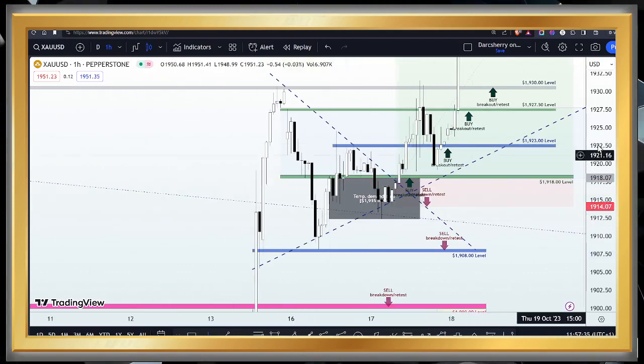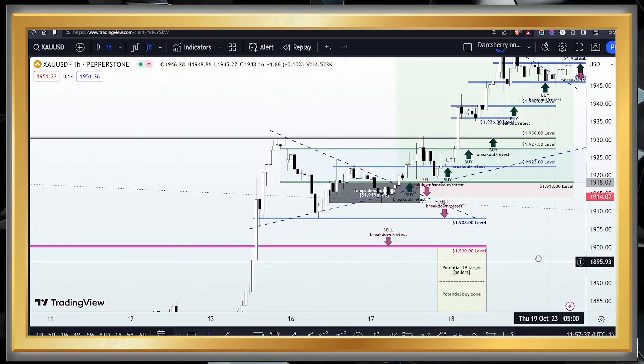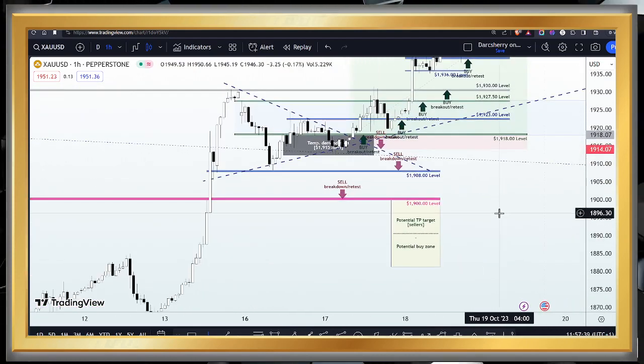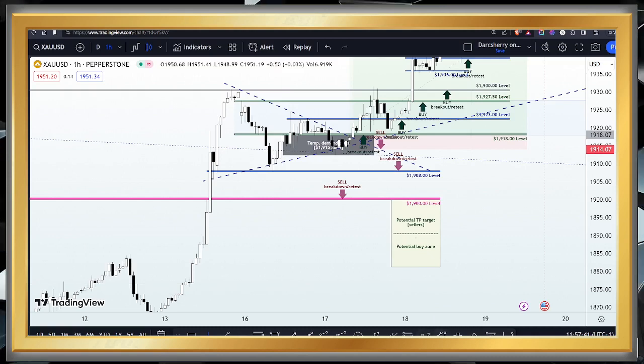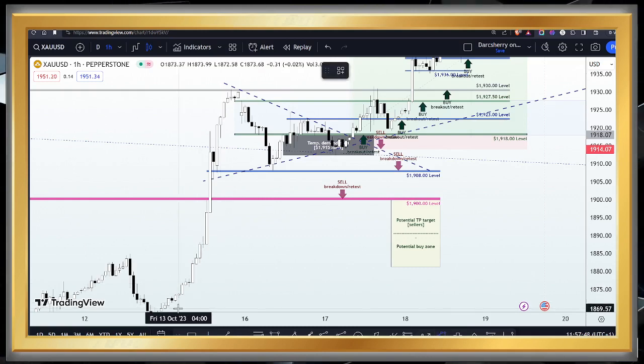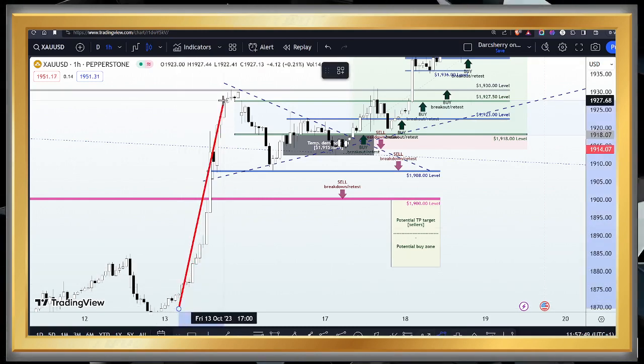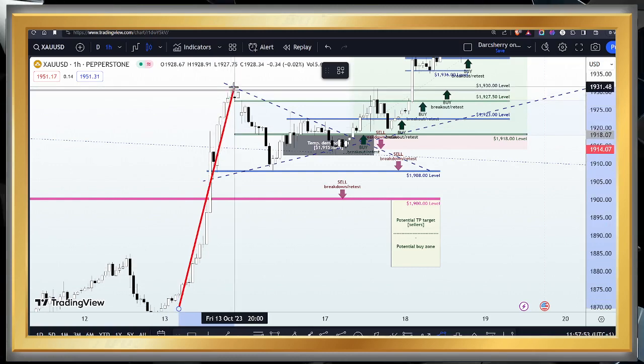Then, in addition to this temporary demand zone, was the fact that we saw the emergence of an uptrend continuation pattern in the form of, we can call it a symmetrical triangle or a pennant, depending on your own perspective. So we saw this impulsive move right here.